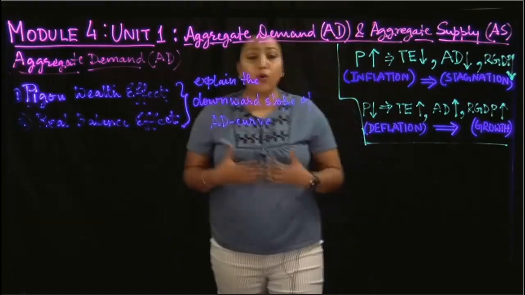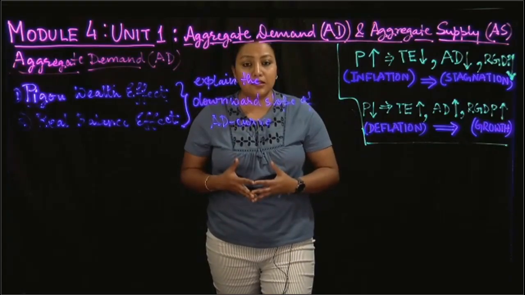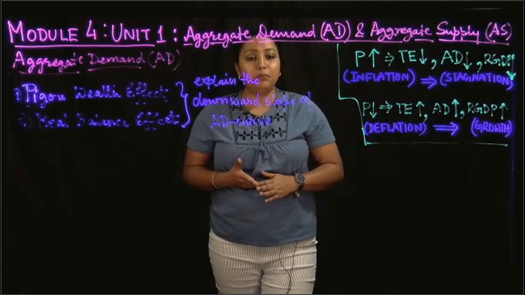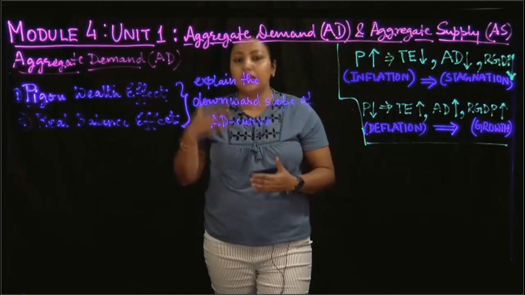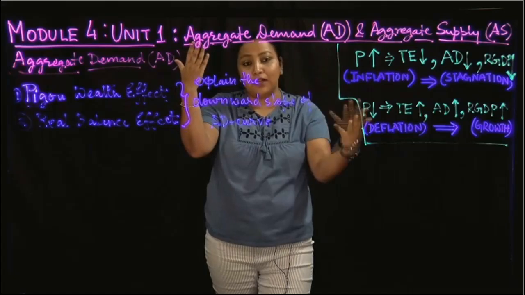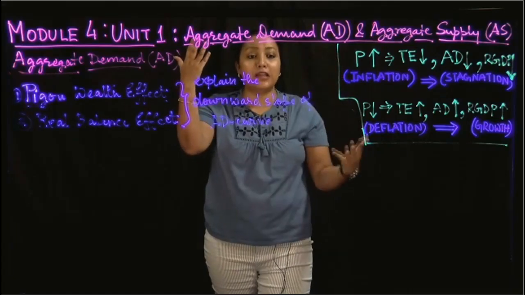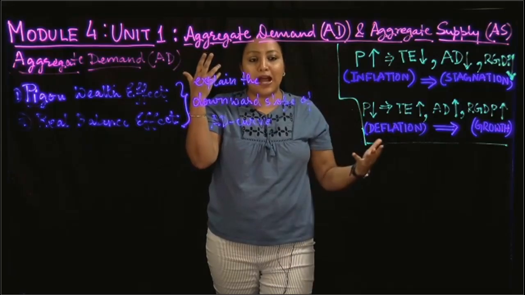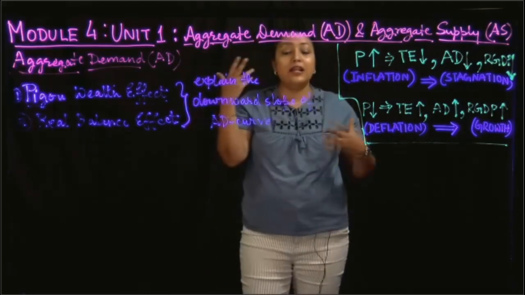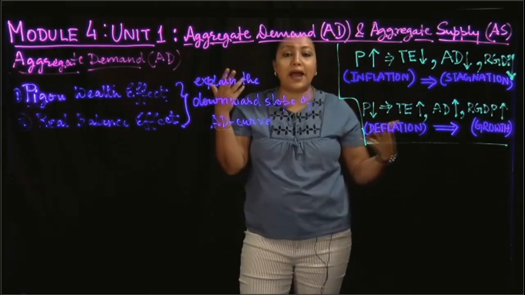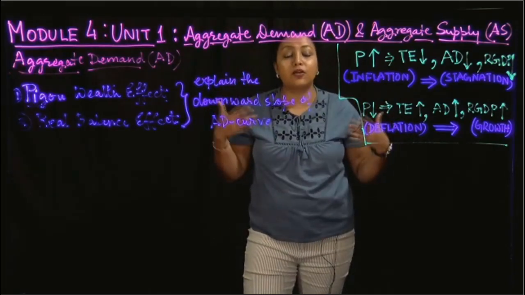Okay, the Pigou wealth effect basically says that if there is inflation in the economy, that means if the price index in the economy goes up, then the value of your wealth, the value of your assets would be going down, and as a result of that you will have lesser expenditure and you will have lesser aggregate demand at the macro level.